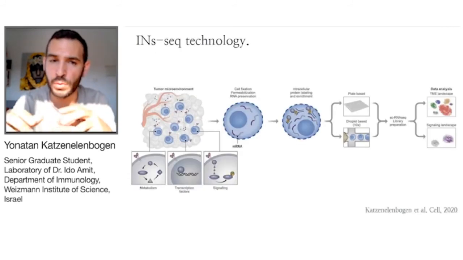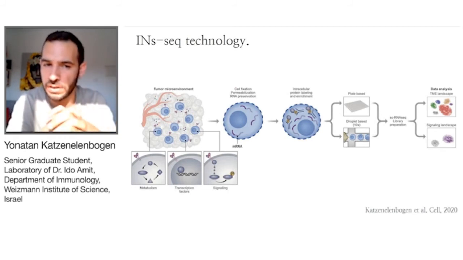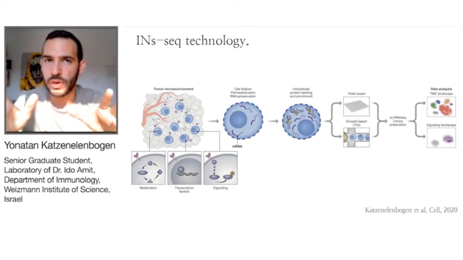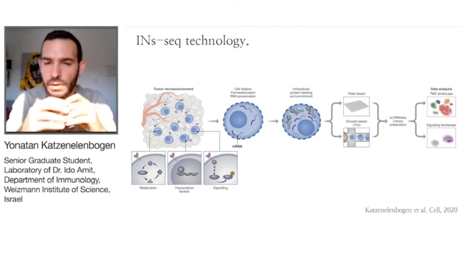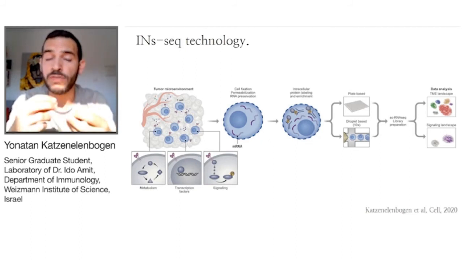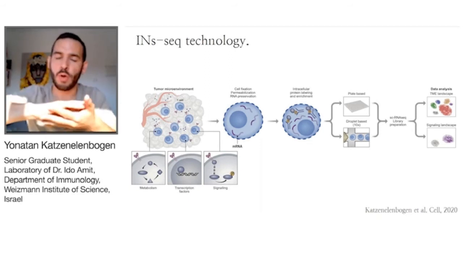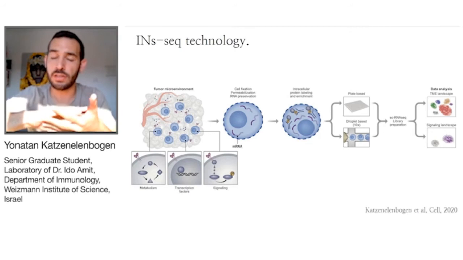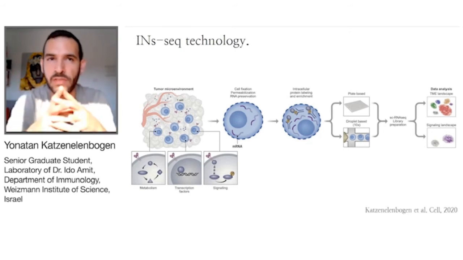That's why we came up with INSET technology, which stands for intracellular staining and sequencing technology, which is quite straightforward, quite simple. We developed a series of buffers. You can do a regular intracellular staining, exchange some buffers, and move forward with these cells for single-cell RNA sequencing, combining these two layers together, and it provides a very interesting insight in many fields.